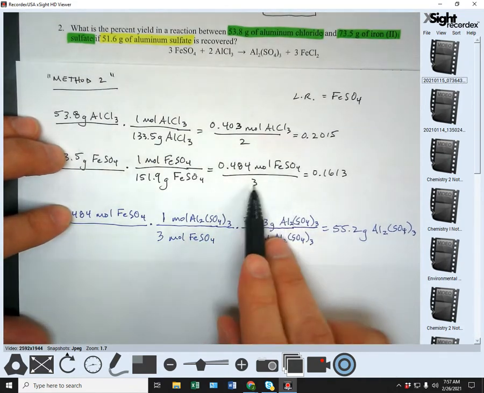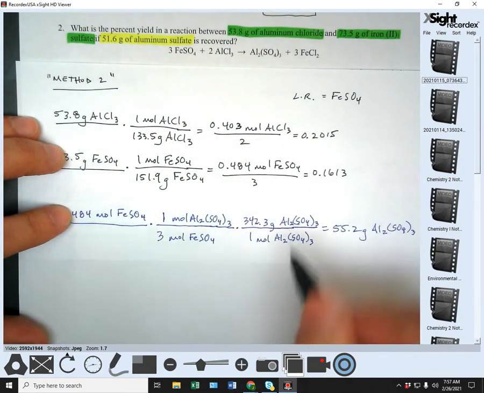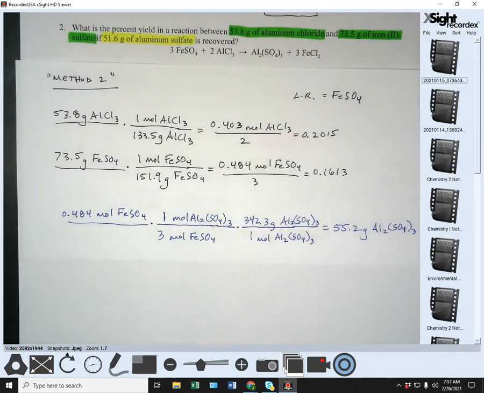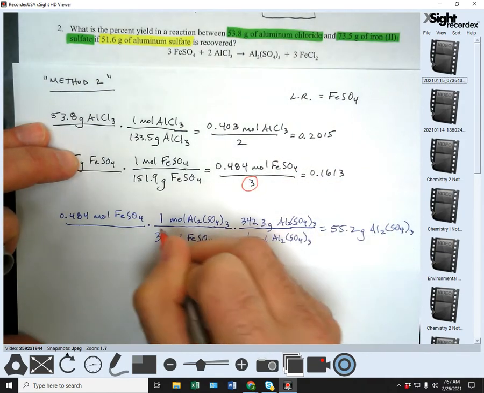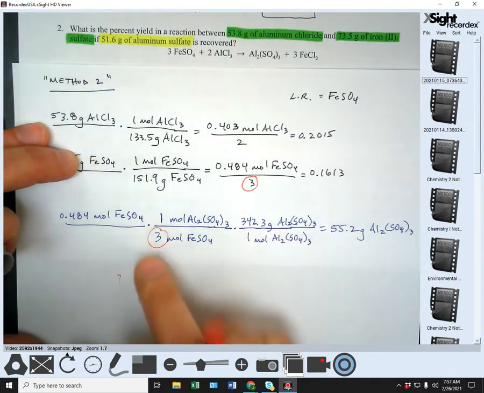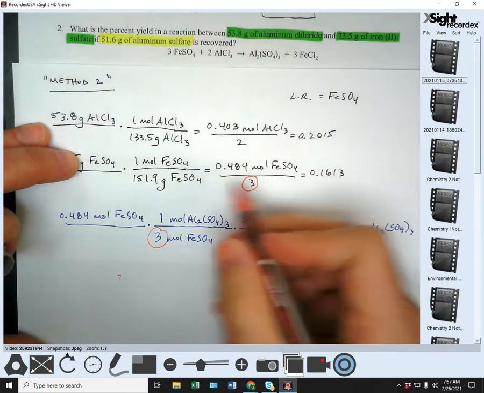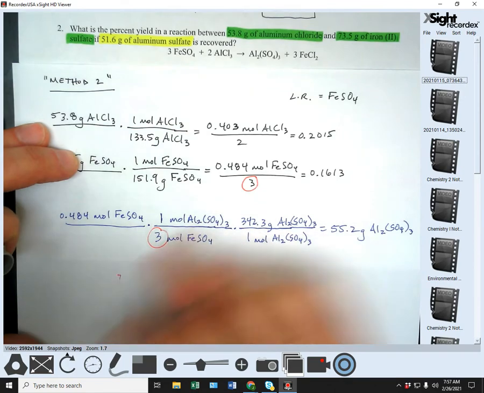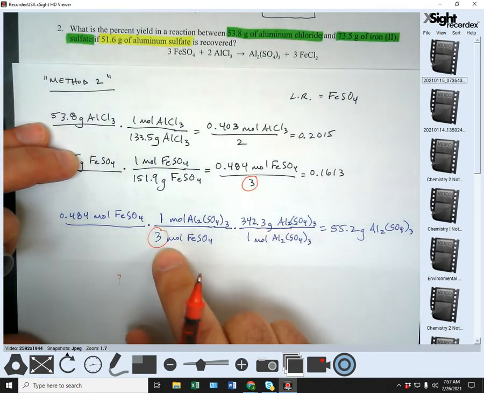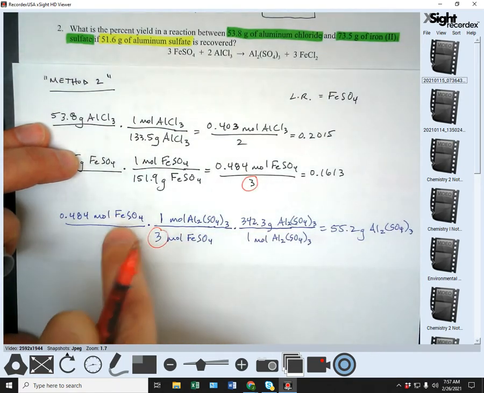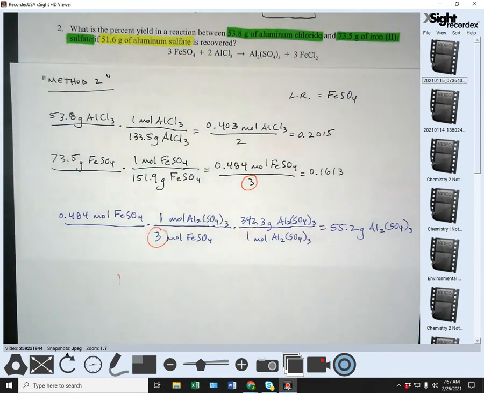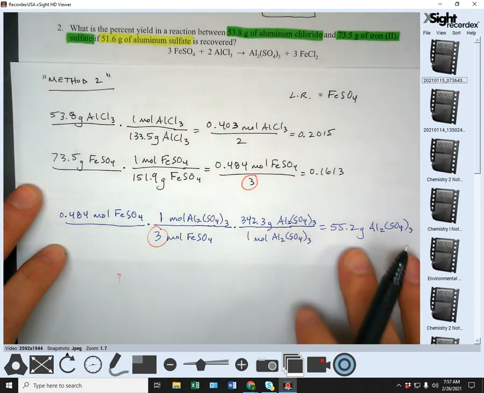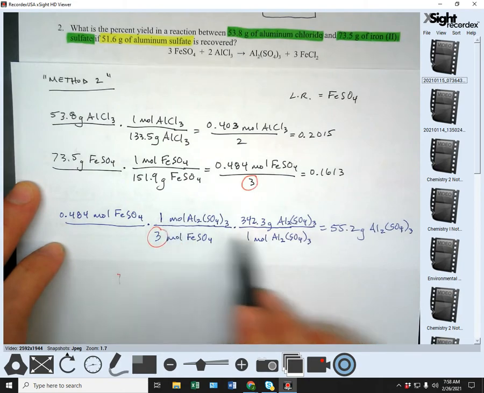But when you find the limiting reactant, you've already done this part of this conversion here. You have already done the dividing by the coefficient for the limiting reactant. So what part do we need to do to get to what we want to be in? Well, we got to do the rest of this, right?